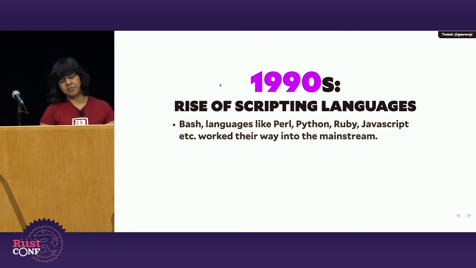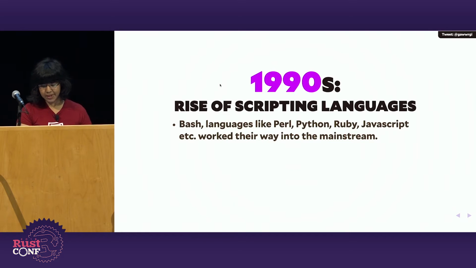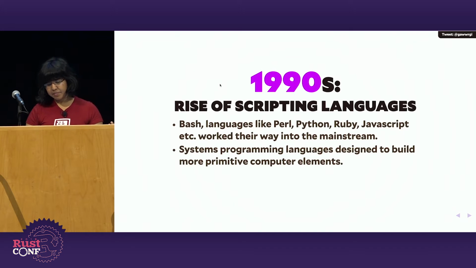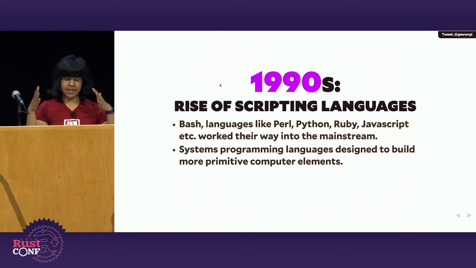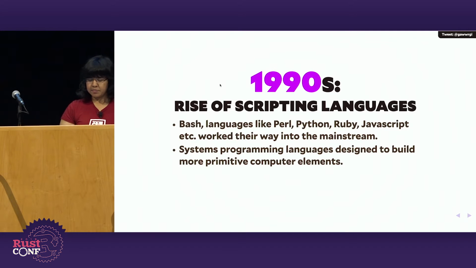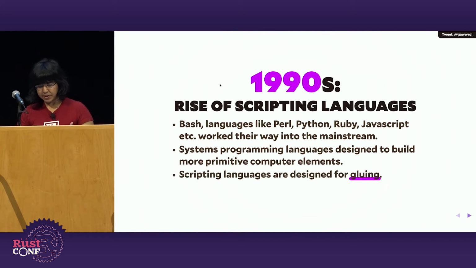So languages like Perl, Python, Ruby gained steam and made their way into the mainstream. Systems programming languages were designed to build more primitive computer elements, versus scripting languages, which were designed for gluing.